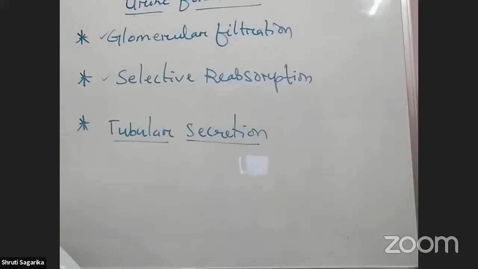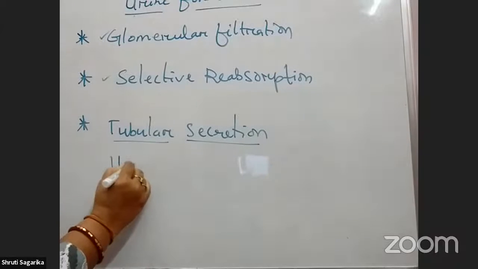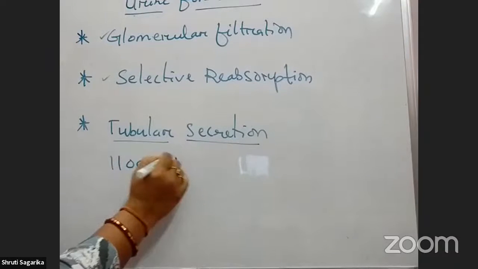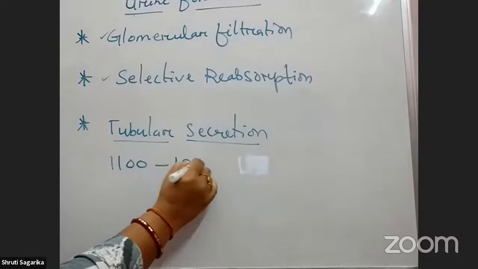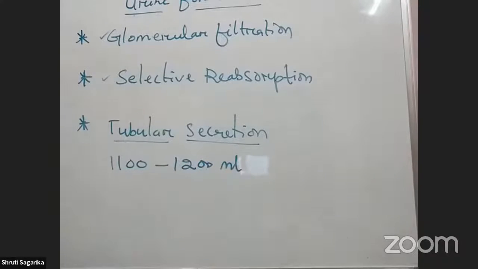On an average, how much blood is filtered by the kidney per minute? It is 1,100 to 1,200 ml of blood which is filtered by the kidney per minute.